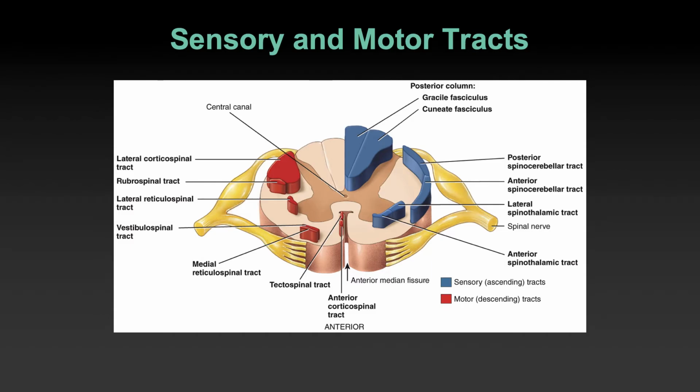Some of them are highlighted here in red and in blue. And like with the other highlighting so far, red is motor, blue is sensory. Remember, the tract is just the conduit. It's a series of nerves that move together from point A to point B, and information travels up and down along the tract.